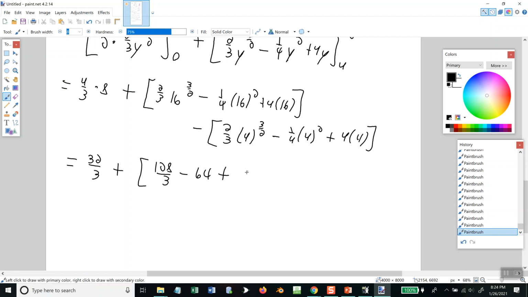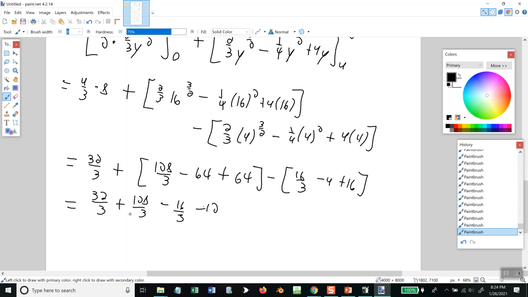Plus 4 to 64. Minus 4 to the 3/2 is 2/3 times 8, 16/3. 16 minus 4 plus 16. 32 thirds plus 128 thirds minus 16 thirds. Those drop away. Negative, or 12, negative 12.